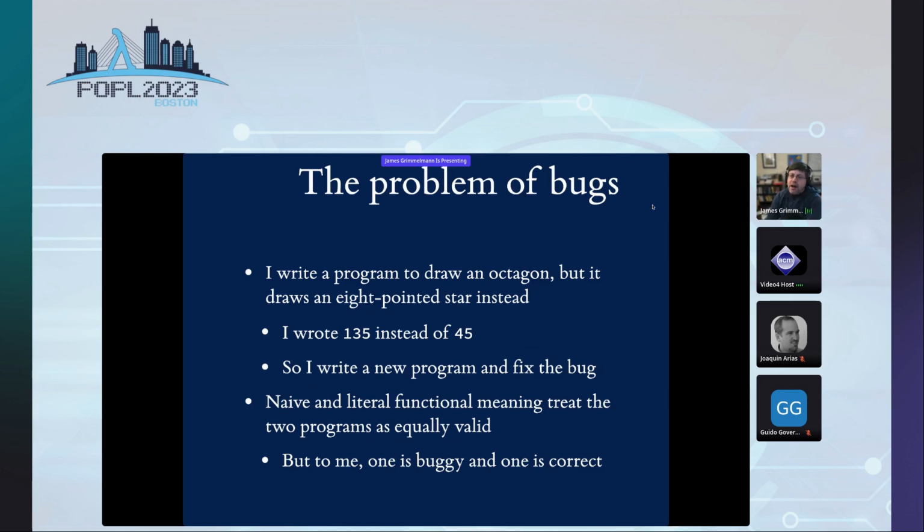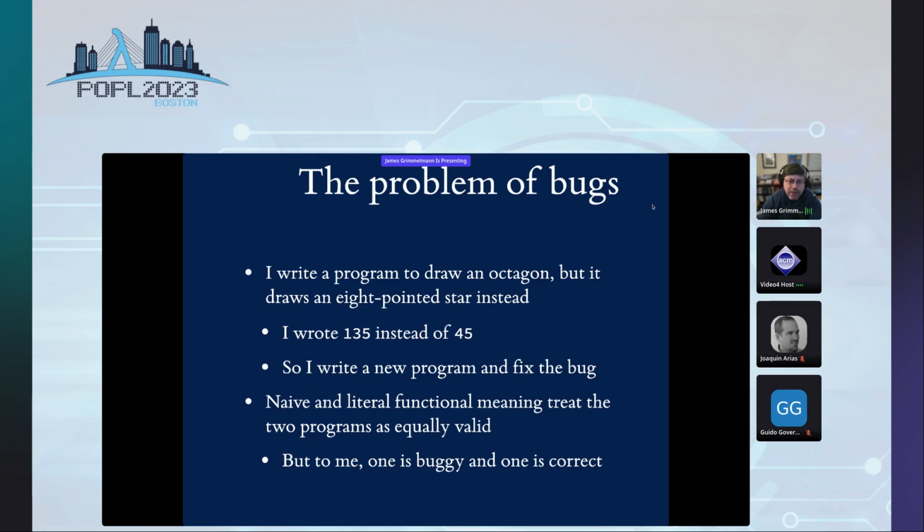I was thinking about the degree by which each corner deflects, when in fact it should have been the angle there. So I fix it, I change it to 45, and I have a new program. The new program draws an octagon, I have fixed the bug.